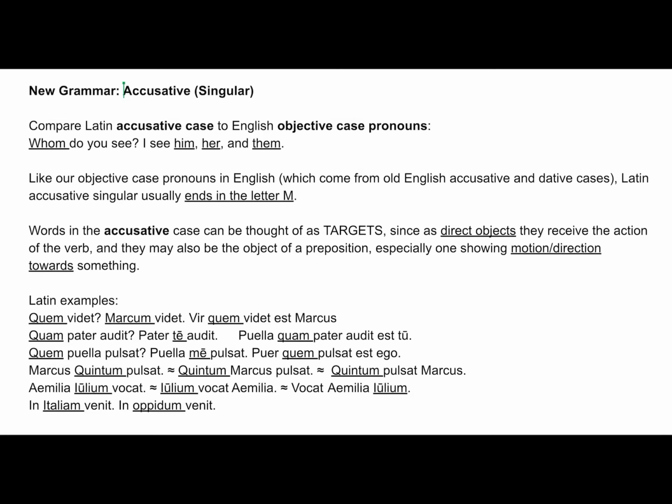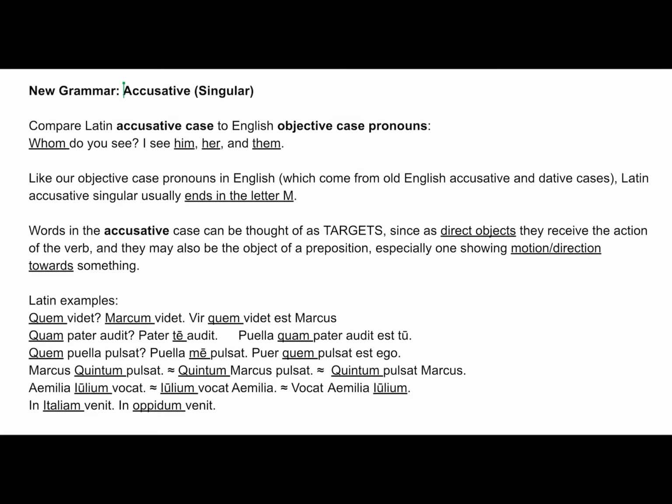We also use these objective case pronouns as objects of prepositions sometimes. For example, I could say I am going to him, or I am going to run into them at the store. So objective case pronouns are used for direct objects in English and also as objects of prepositions.